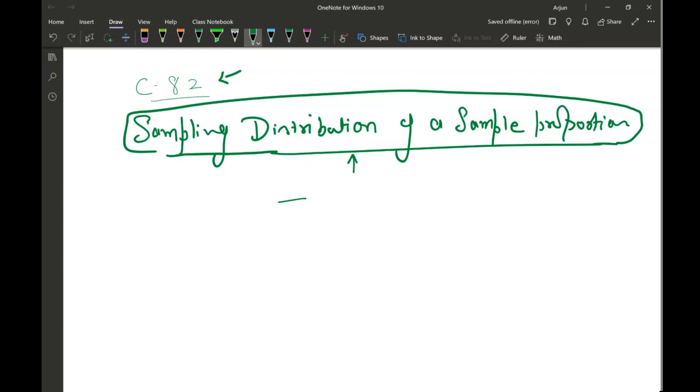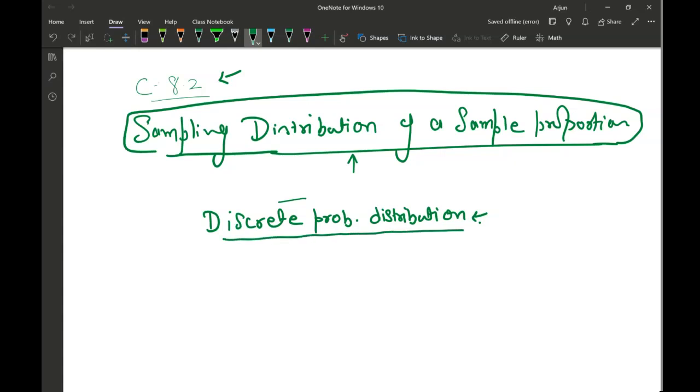If you can recall, in chapter 6 we talked about discrete probability distribution, and there we used the binomial theorem to solve problems.